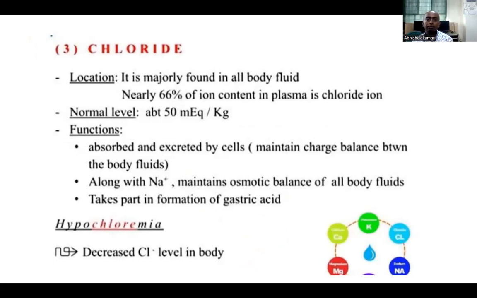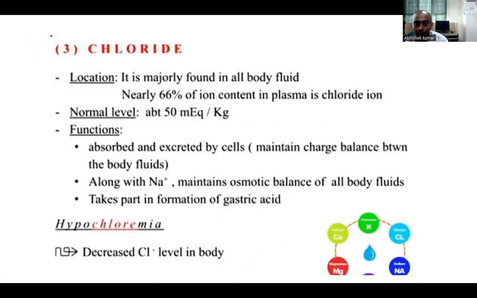Chloride is majorly found in all body fluid, meaning it is present both inside and outside. Nearly 66% of chloride ions are in plasma.